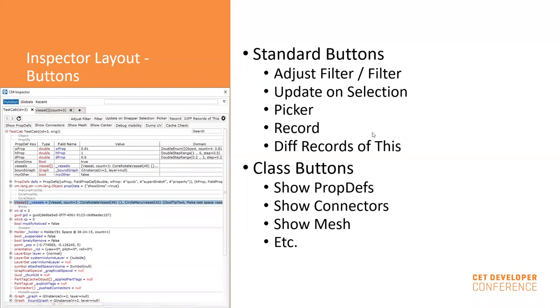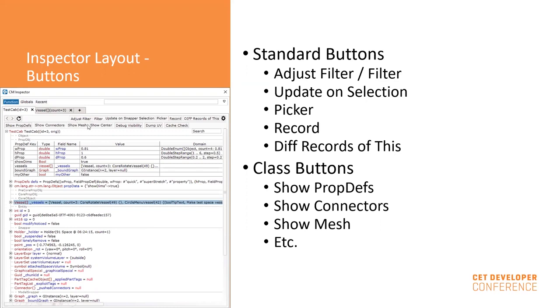The other row of buttons we have down here, I like to call class buttons. These are buttons that are associated with different classes. Show prop defs is associated with prop objs because they have defs on top of them.